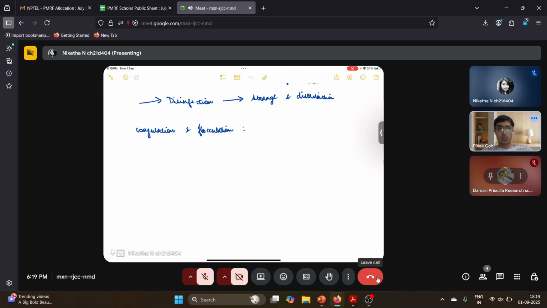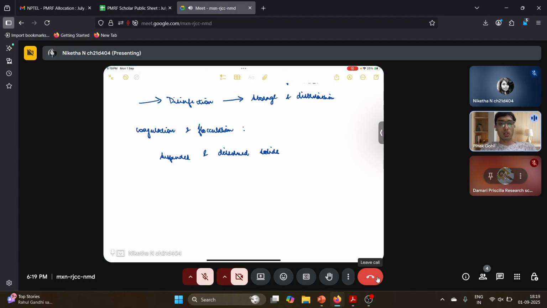Suspended solids, dissolved solids. Of these, which will be removed in coagulation and flocculation? Dissolved solids. Why do you think so?